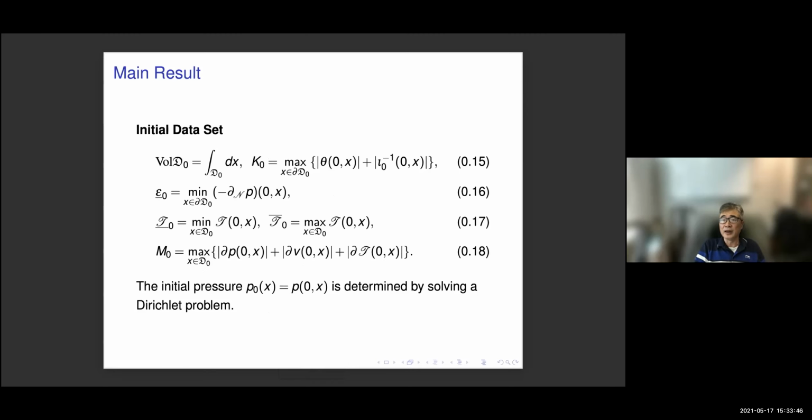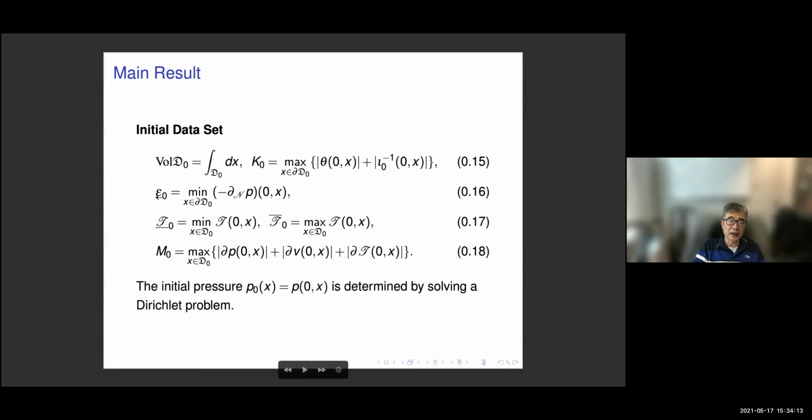So here is the result. For the initial data set, here is the volume of the initial domain, here is the maximum value of the second fundamental form, and also the lower bound of the injectivity radius of the exponential map.